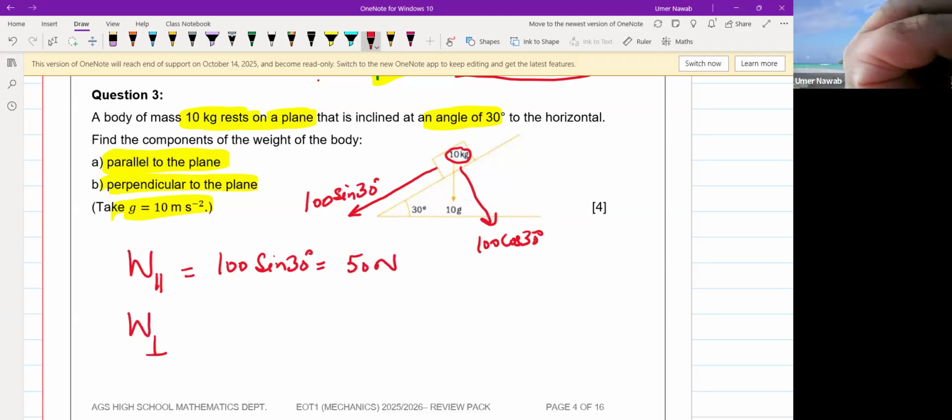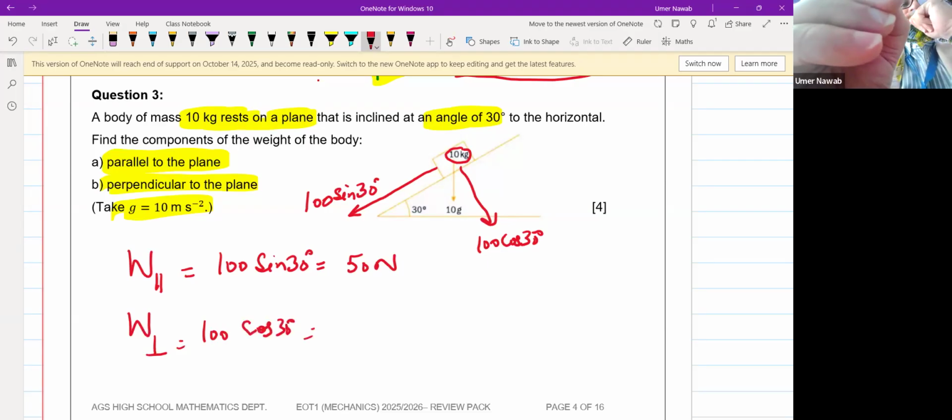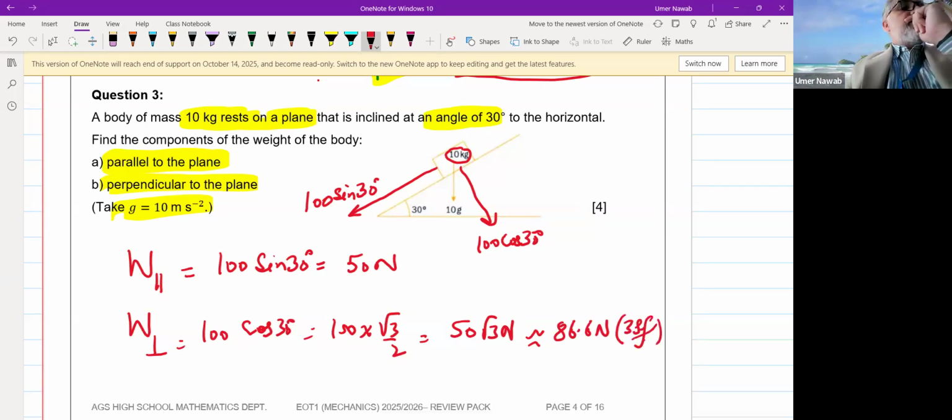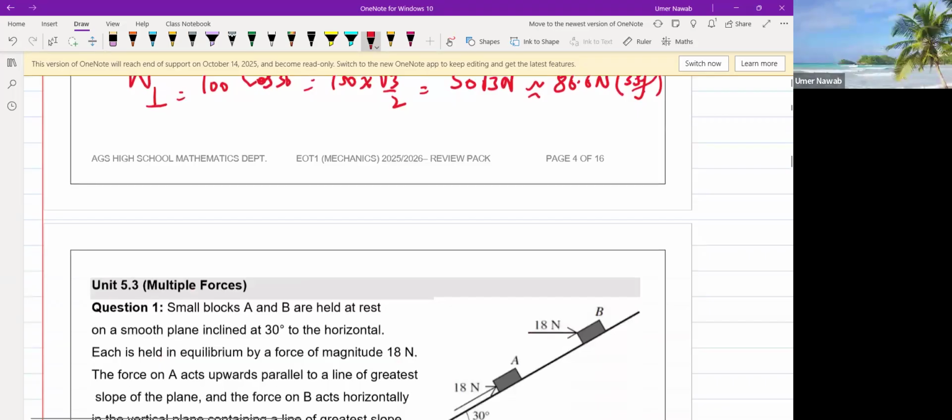And the weight perpendicular to the plane is 100 cosine of 30. That gives us 100 times square root of 3 over 2. So 50 square root of 3 newtons, or approximately 86.6 newtons, to three significant figures. I hope it is clear to you guys.